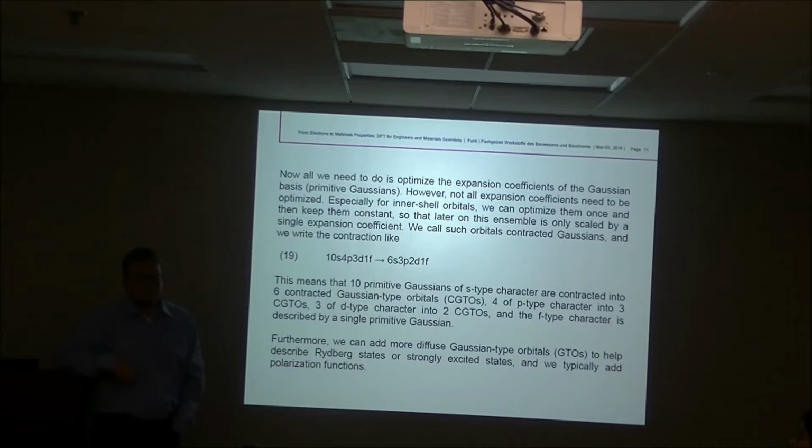This means you make it simpler to compute for the price of more computation. But this was okay with p, it's not a problem, but it starts with d. So you have 6 d orbitals, you have 10 f orbitals, and it's getting worse.